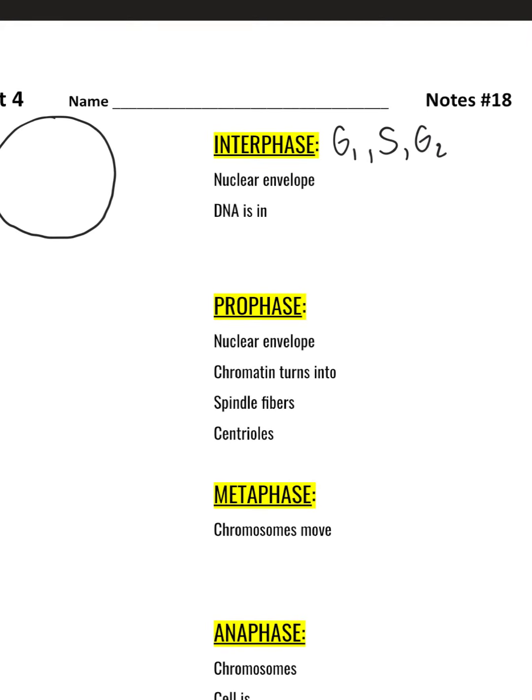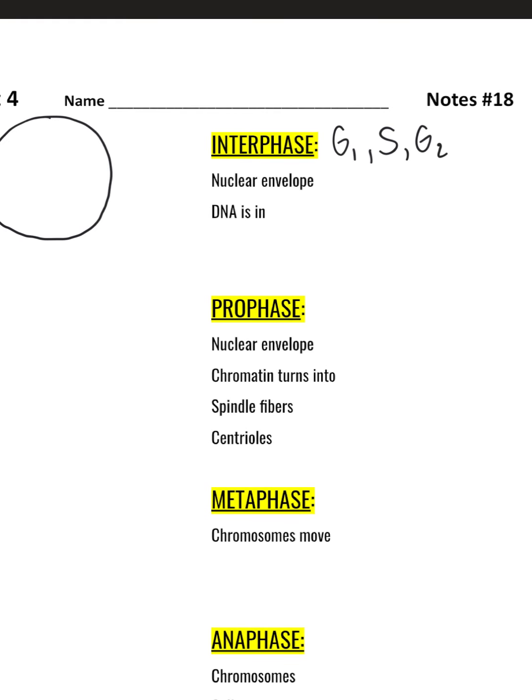Now, during this phase, we're going to be talking about the nucleus and the nuclear envelope, but just know the nuclear envelope is fully formed at this point, where it's fully intact. And at this point, the DNA is in chromatin form. So when we draw our little picture, we're going to draw it in chromatin form, which means it's going to look like long, thin strings.